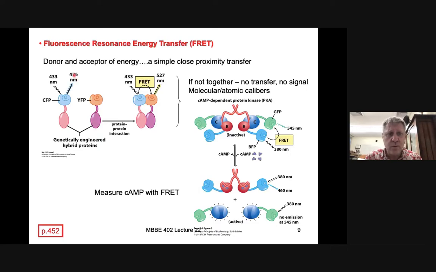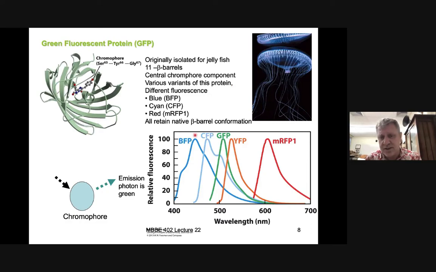And what we do with fluorescence resonance energy transfer, or FRET, is that we couple this with other overlapping fluorescent proteins. So you can see here we have a number of overlapping proteins: the blue, the cyan, the green, and the yellow. Not so much the red. The red is a little bit further out.